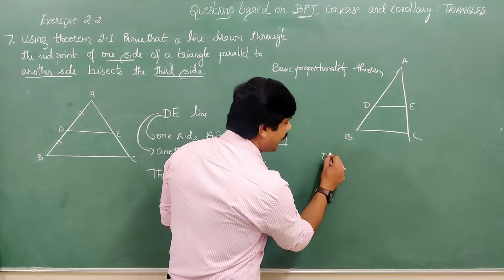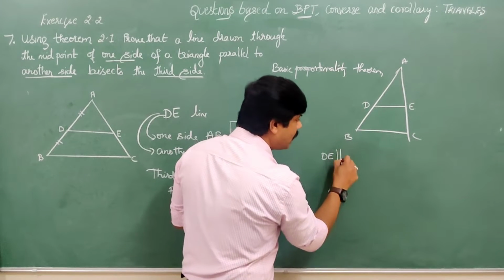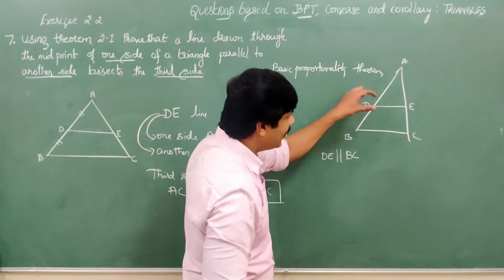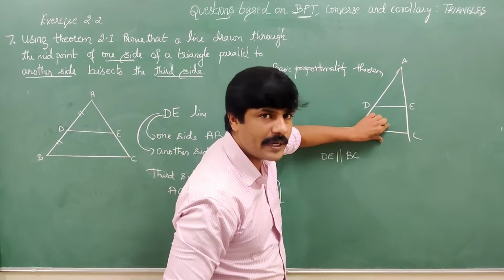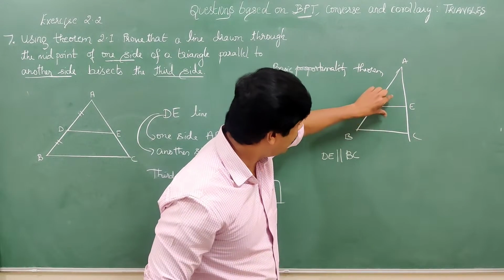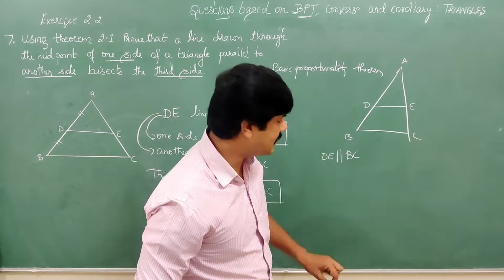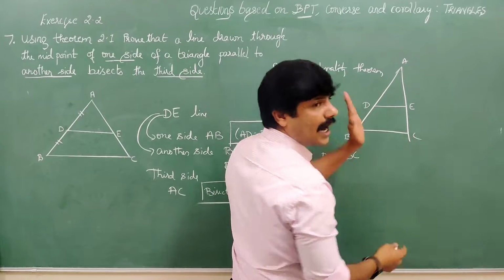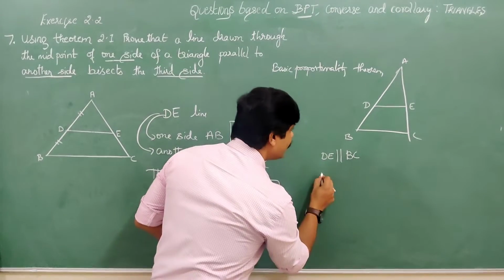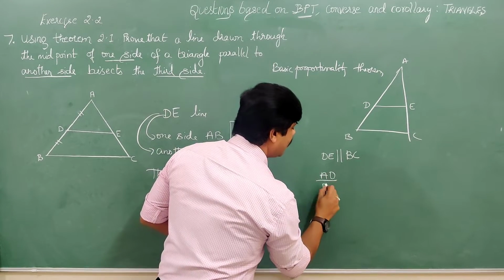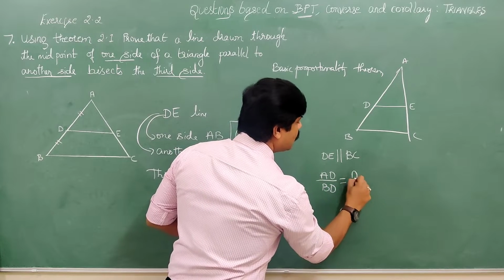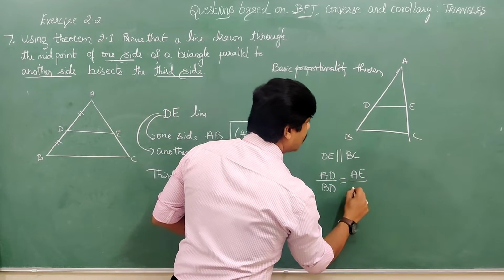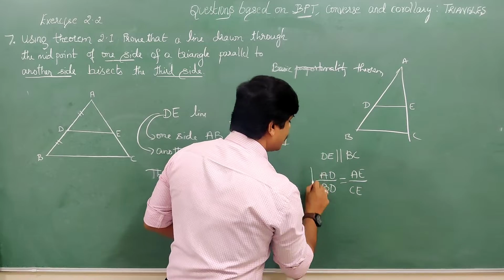Means if line DE is drawn parallel to BC, then the other two sides are divided proportionally. That means AD by BD is equal to AE by CE.